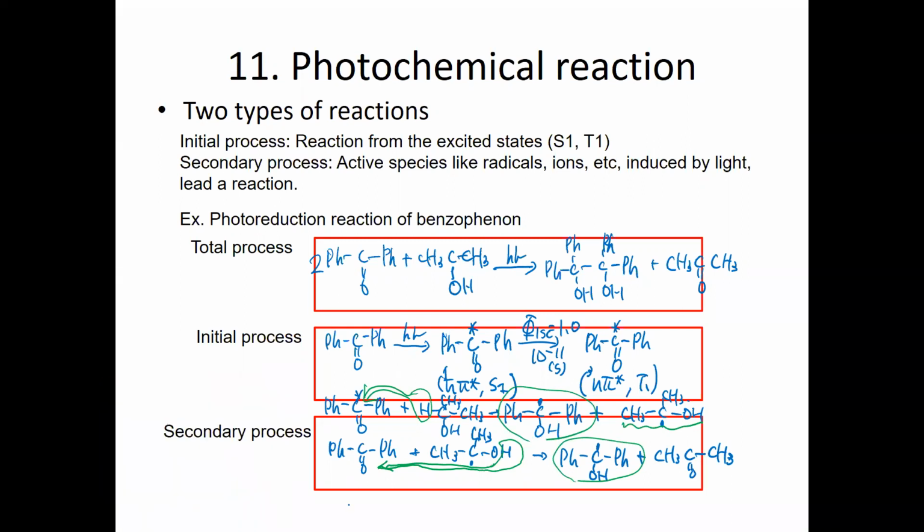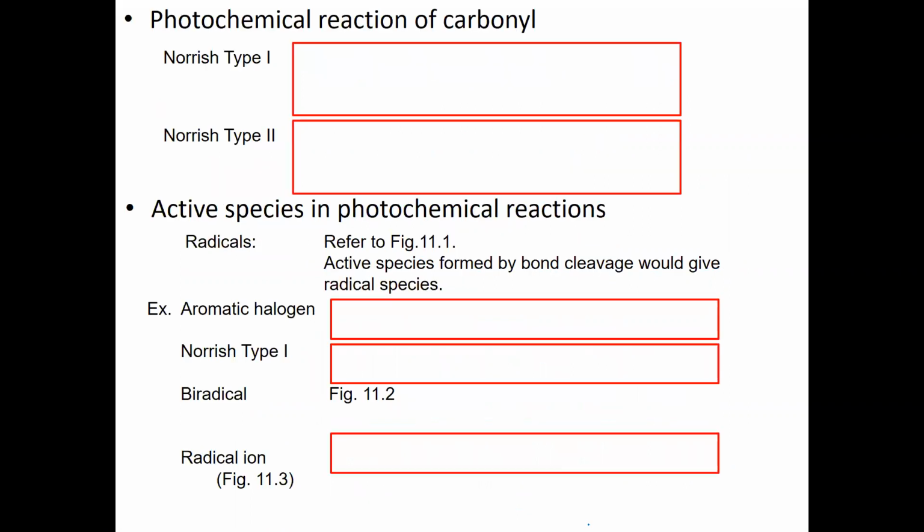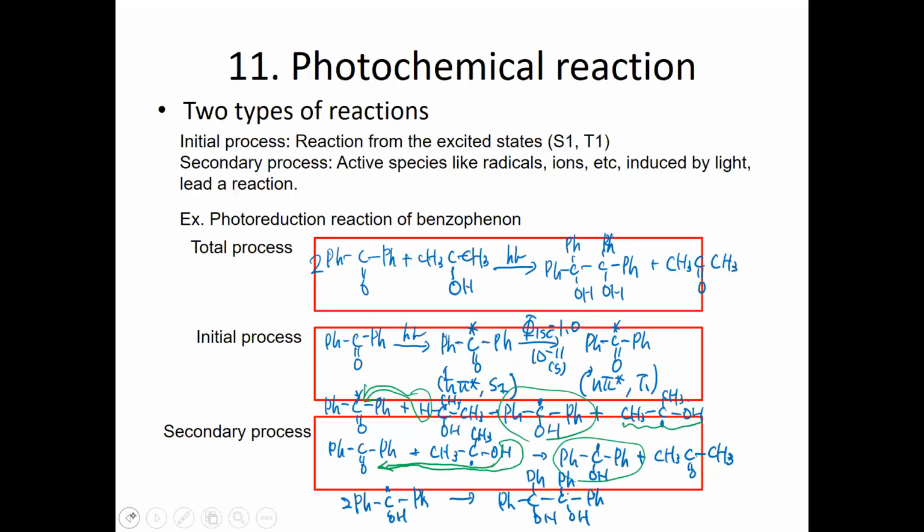And finally, these two formed radical species couple by dimerization, and that makes benzopinacol. The name is like this. So this is what happens in the process.